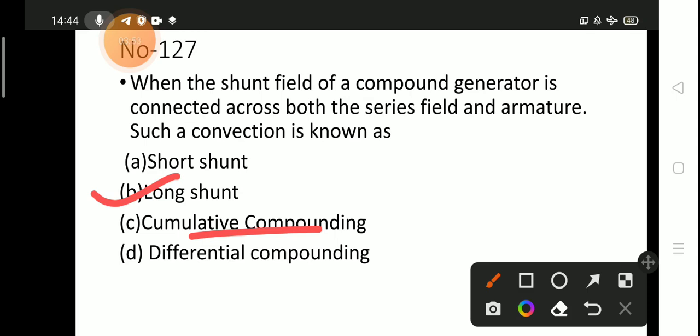If the fluxes produced by both windings are additive in nature, it is called cumulative compound. If they are subtractive in nature, it is called differential compounding. In this case, the right answer is long shunt.